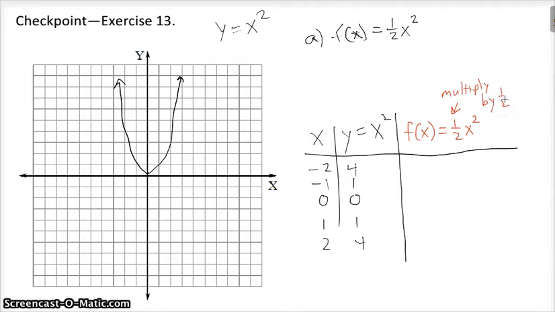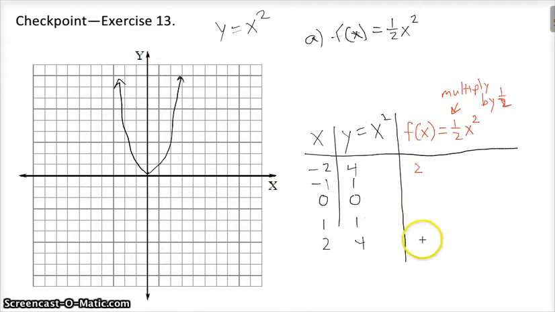Every number that I get, I'm going to multiply by 1/2. It doesn't matter what it is, it's going to be multiplied by 1/2. So this 4 that I got here, I have to multiply by 1/2. I'm still plugging in 2, but my answer that I got originally now needs to be multiplied by 1/2. So instead of 4, I'm multiplying that by 1/2, I get 2.